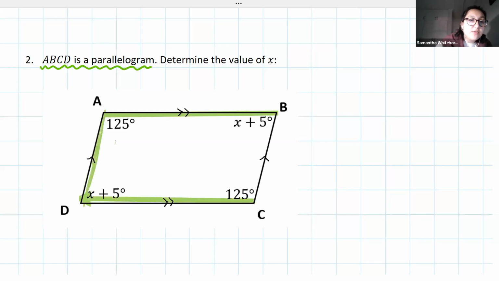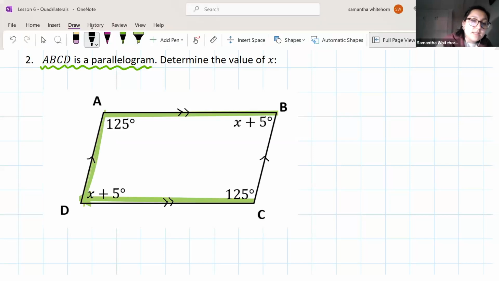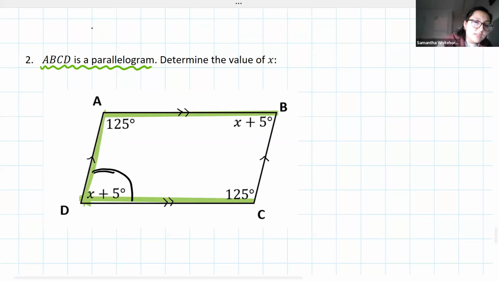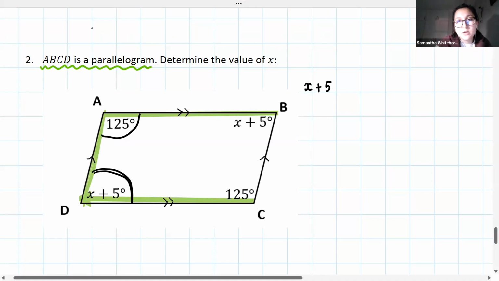What we have are co-interior angles. And so what that means is if we take the X and add the 125 degrees, we have to get 180 degrees. Those angles are supplementary. All right, so X plus 5 plus 125 must equal 180.